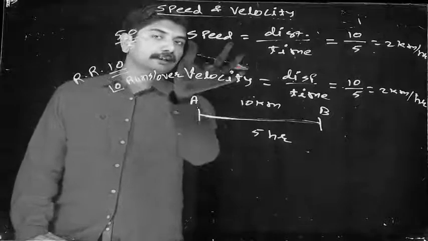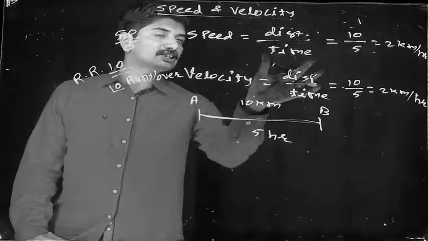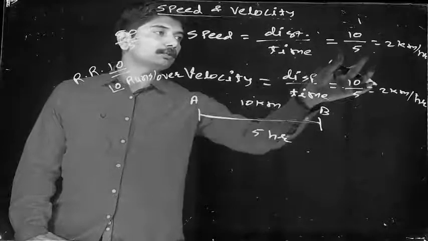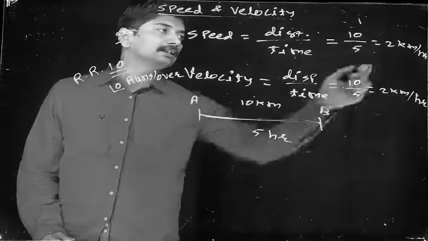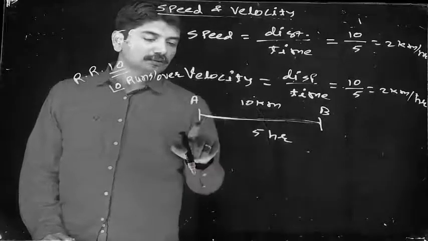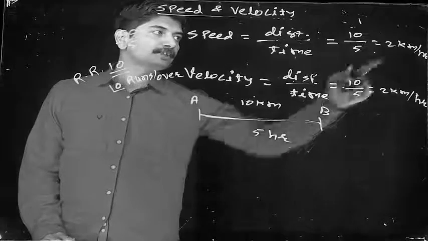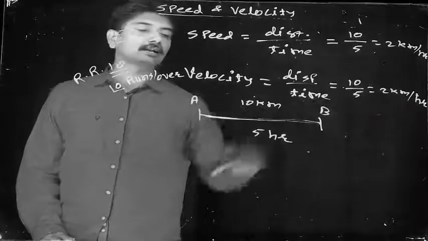whenever you calculate speed, you say distance upon time. That means 10 upon 5, 2 km per hour. You are saying that this person traveling from A to B is traveling at 2 km per hour.